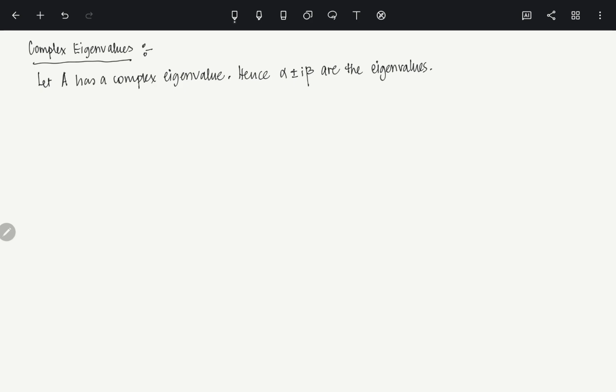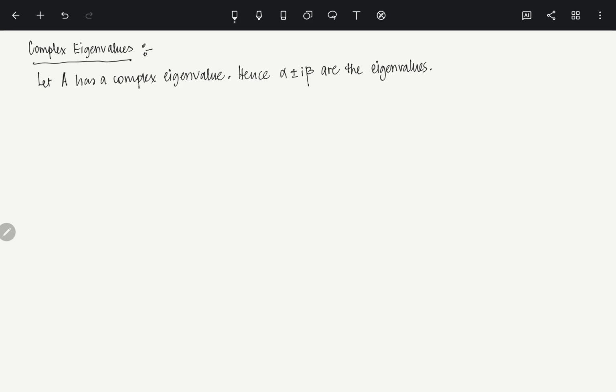Now of course, if alpha plus i beta is an eigenvalue, alpha minus i beta is also an eigenvalue. Now there can be many different cases, right?